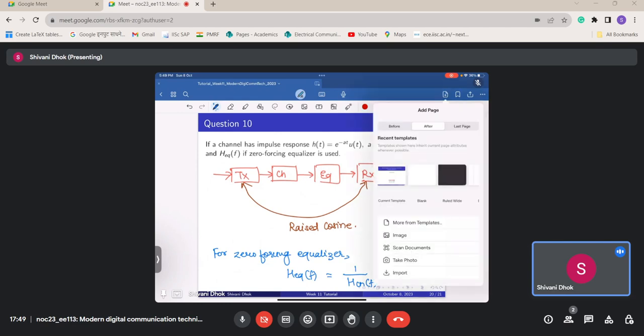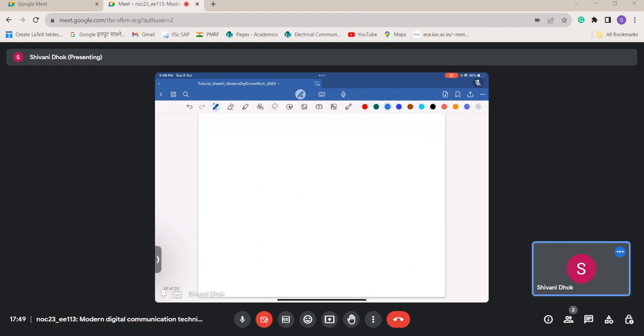So now let us first find out what is Hch(f). Hch(f) is simply the Fourier transform of your channel impulse response h(t), which by definition is the integral from minus infinity to infinity of h(t) e^(-j2πft) dt.